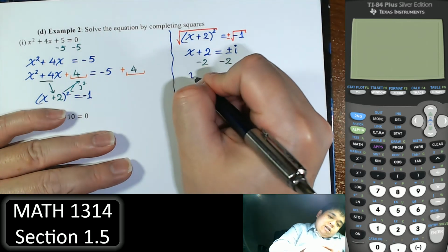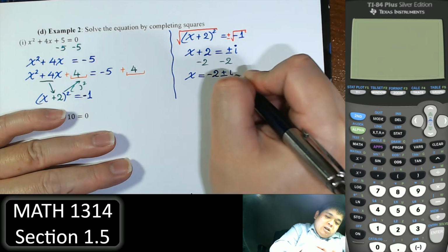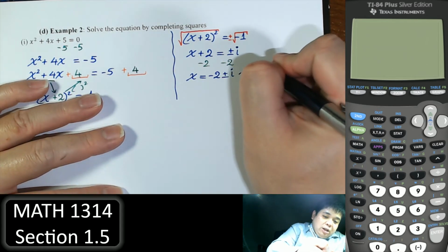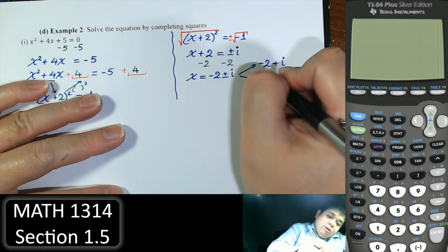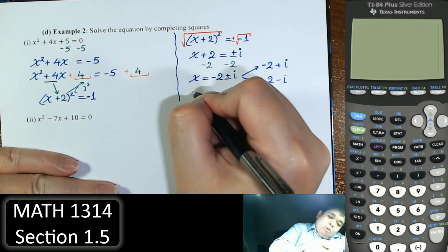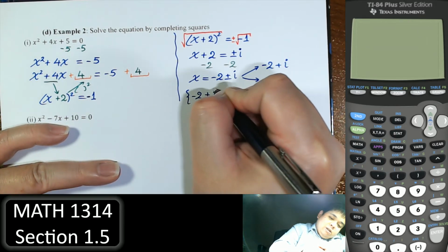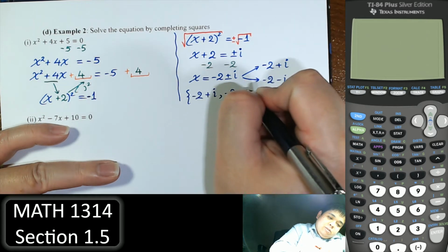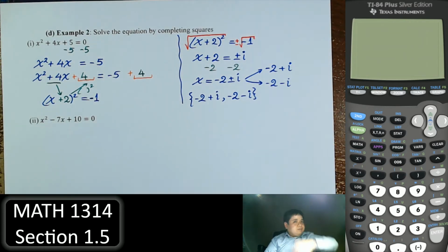So we have x equal to negative 2 plus or minus i, which in turn, if we're going to write it out, could be negative 2 plus i or negative 2 minus i, or we write it as a set. Right, so that's simple enough.